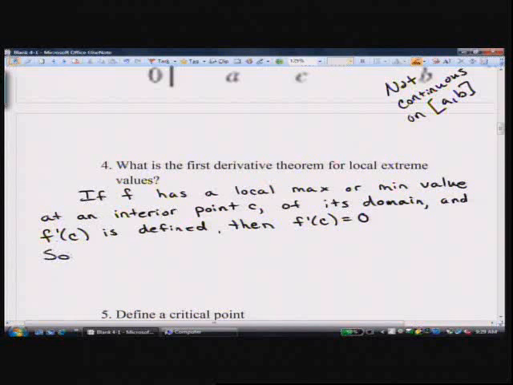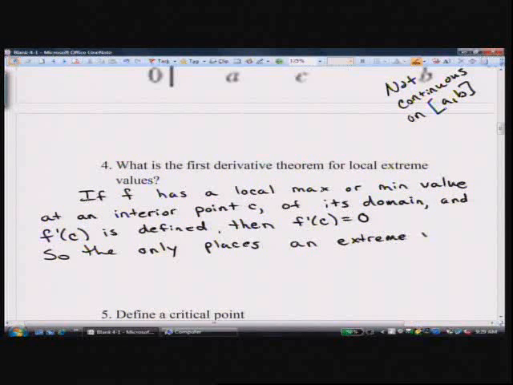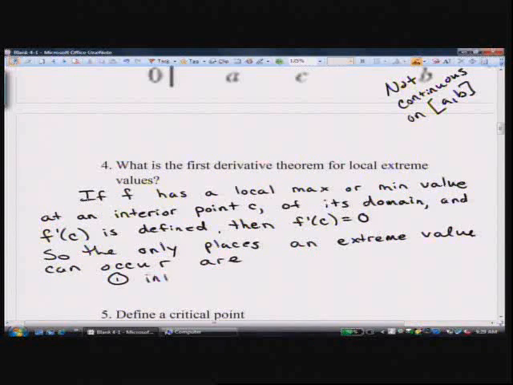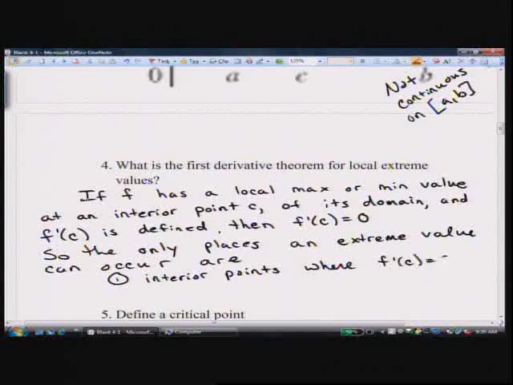So, the only places an extreme value can occur are, we have 3 places. 1, interior points where f prime of c equals 0.